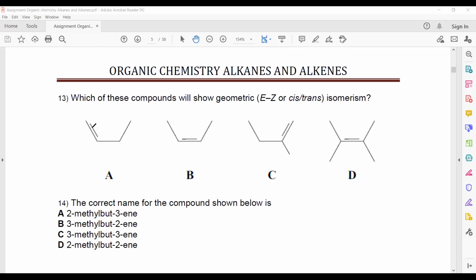Look, in this case it's a skeletal formula, so it means 2 hydrogens are there. So this cannot show. When you check this one, the hydrogen will be here, so this cannot show because identical groups are there. For this one, CH3 and CH3. So this cannot show. The only one which can show geometrical isomerism is B, because in a skeletal formula we do not represent hydrogen. Is it clear?